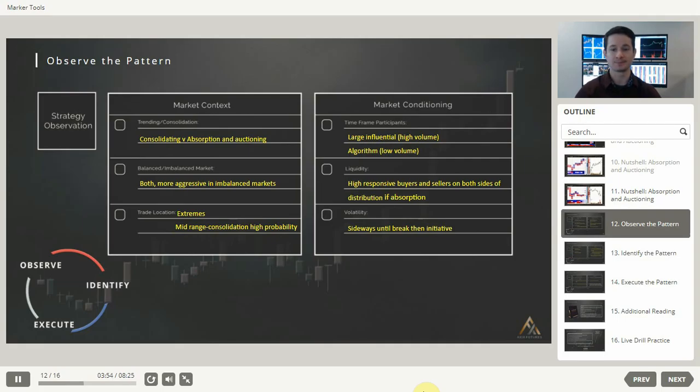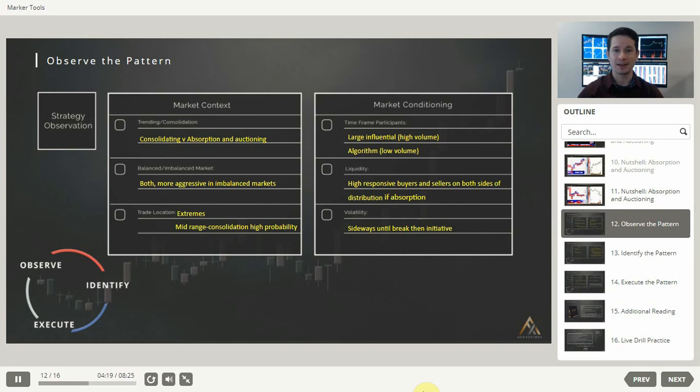Okay, now what we're going to do, let's start off with observing the pattern. So again, note the 2 subsections to observing the pattern. First is market context and market conditioning. And when we start off with market context, we talk about whether the market's trending or consolidating. Now, do bear in mind, we spoke about the concept of consolidation versus absorption and auctioning.